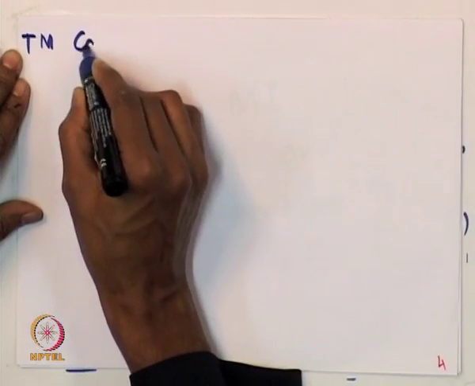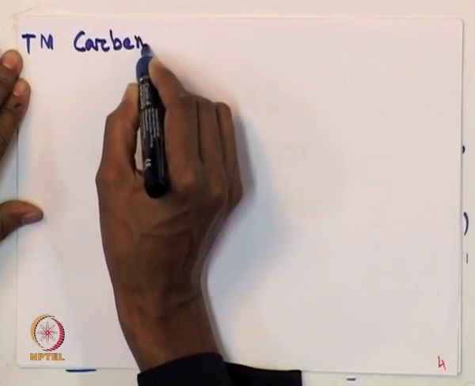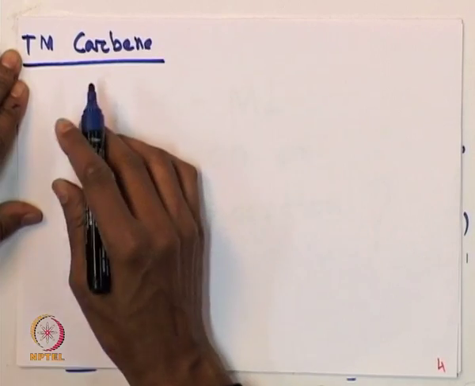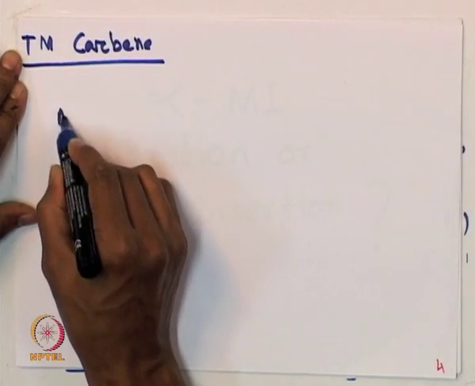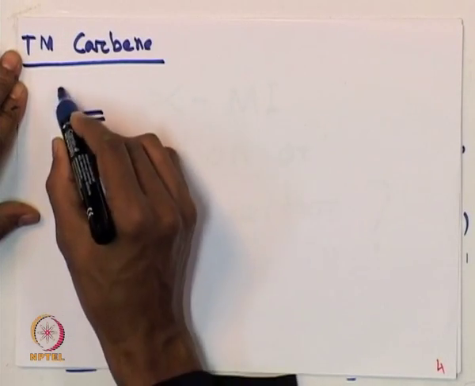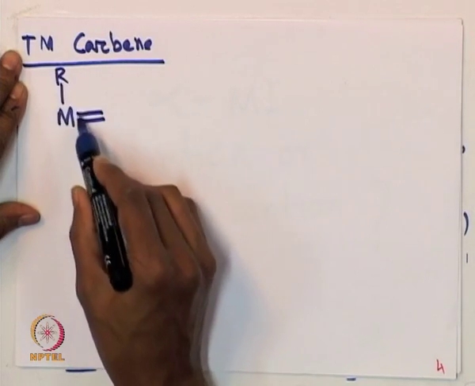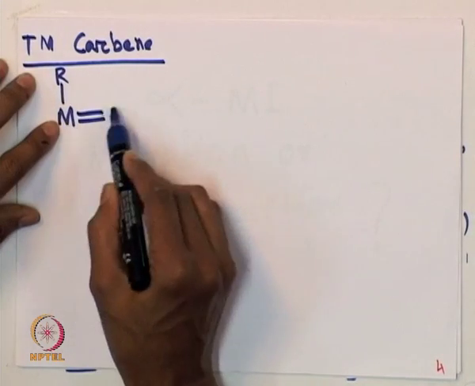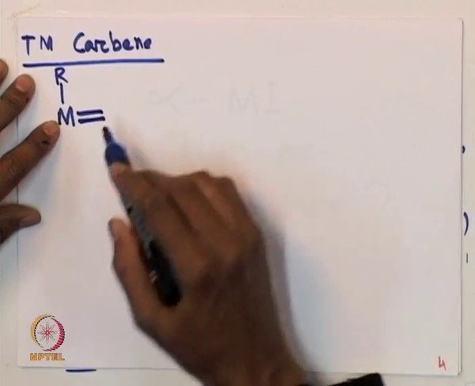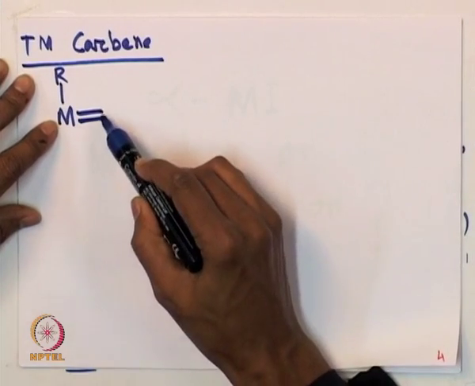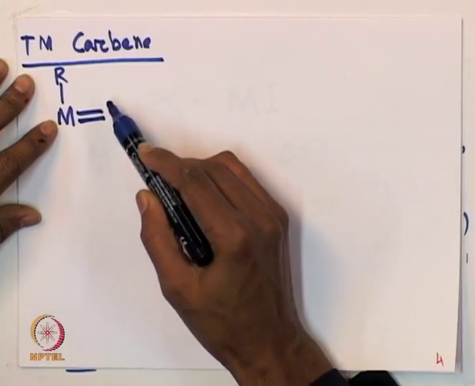So, we are looking for a case where a transition metal carbene is there. Now, the transition metal carbenes, as you may be aware, are these sorts of complexes where the metal and a carbon are joined by a double bond. Here you can have some substituent or not.